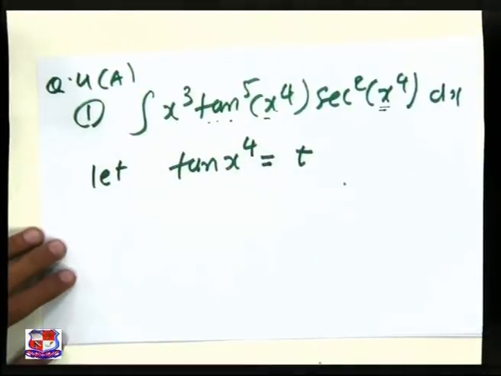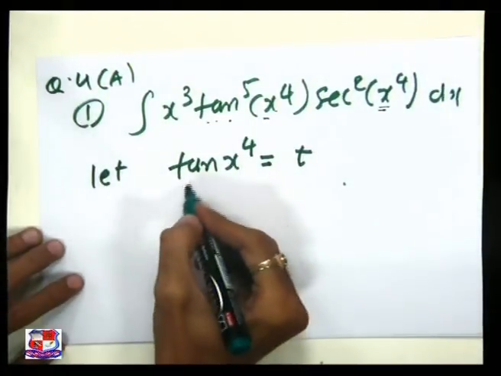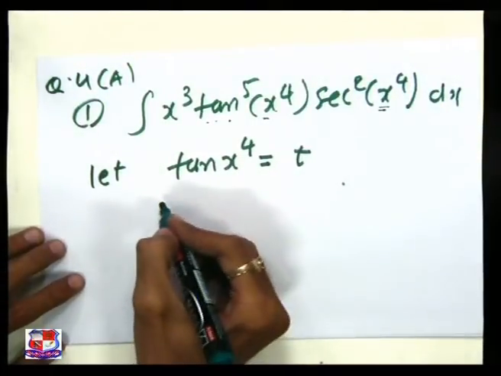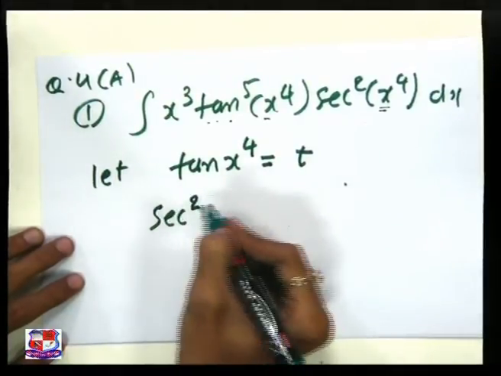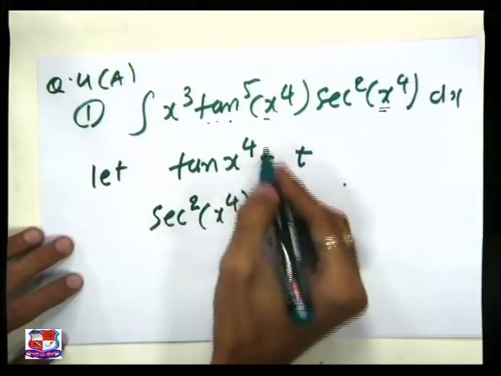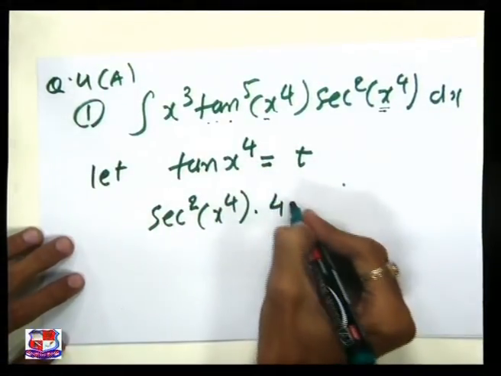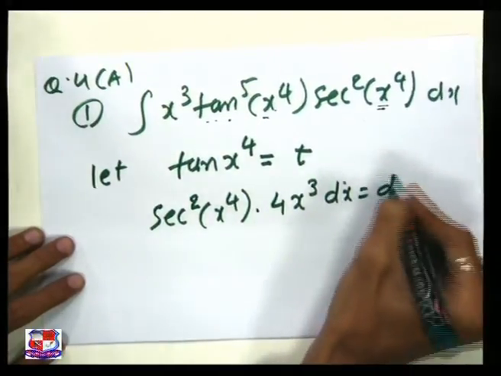So that is quite easier to integrate in this way. So 10 x raised to 4 is equal to t. Differentiating, sec square x raised to 4 into 4x cube into dx is equal to dt.